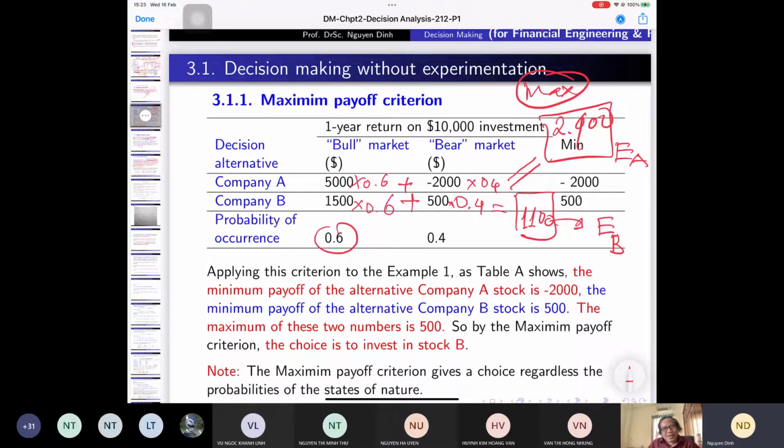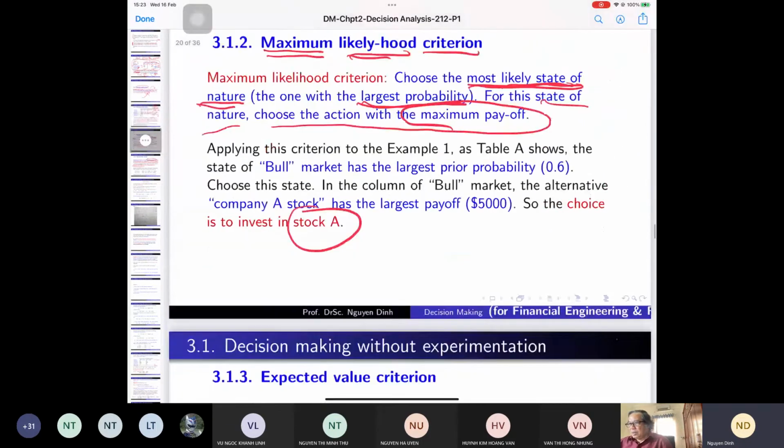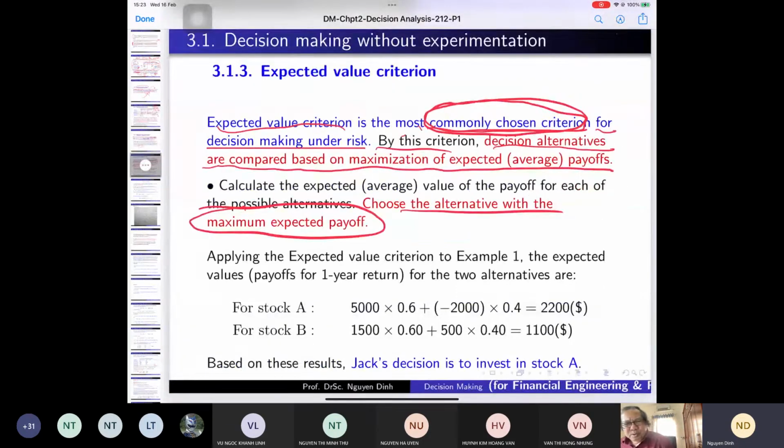Many people like this way. It's a good way, and this way is called the expected value criterion. The expected value of A is this, of B is this.